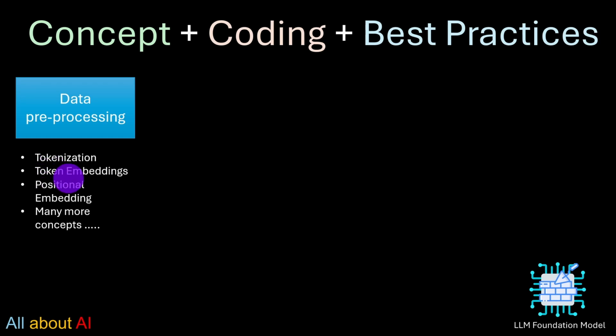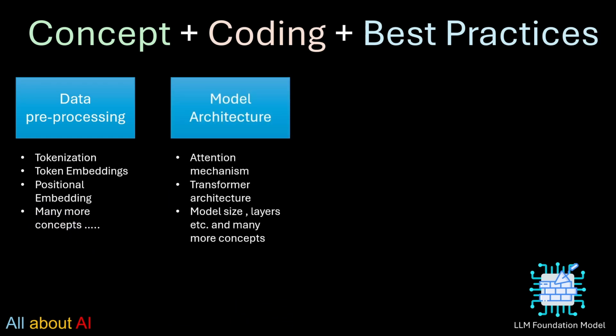We'll learn about token embeddings, positional embeddings, and many other concepts like context size, different techniques involved in pre-processing tokens, vocabulary size, and many concepts and code associated with them.